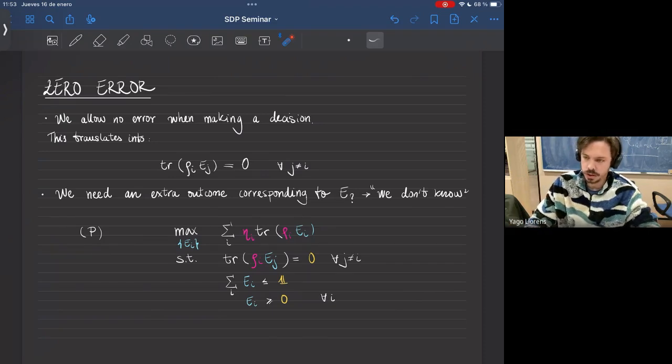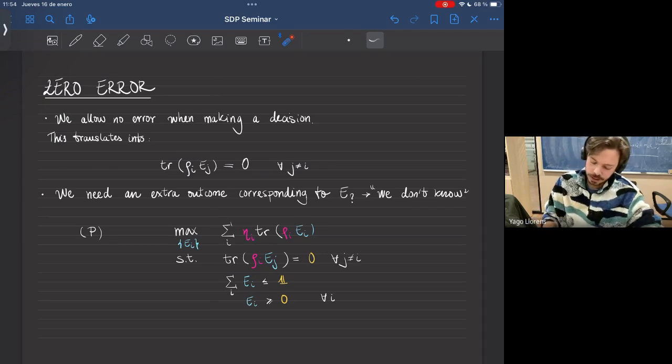We have to be sure that what we are saying, this hypothesis, this output, is true, 100%. Of course this comes with a penalty: we need an extra outcome, I won't make any decision because I have not enough information to be 100% sure.